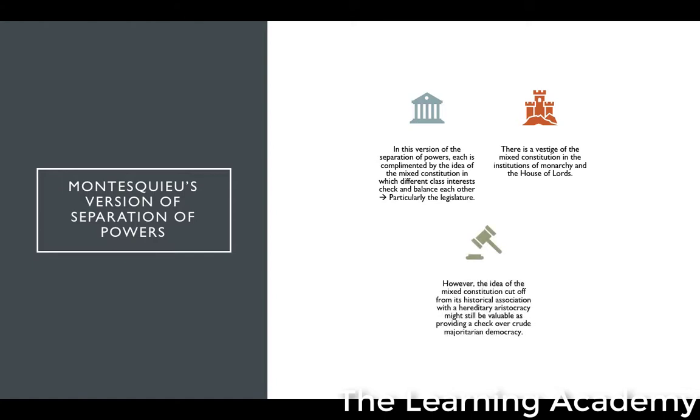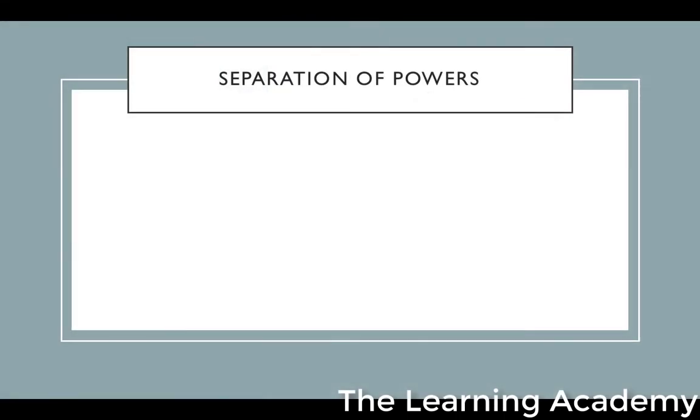However, the idea of a mixed constitution in today's society is cut off from its historical association with hereditary aristocracy, but might still be valuable as providing a check over crude majoritarian democracy. So Montesquieu's separation of powers is not just a separation of powers between the three branches, but also a separation of powers vertically among the different classes, okay?